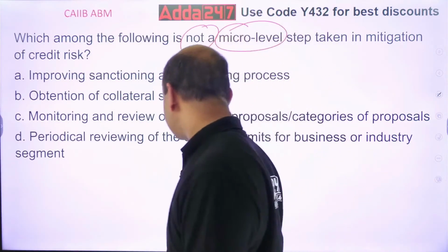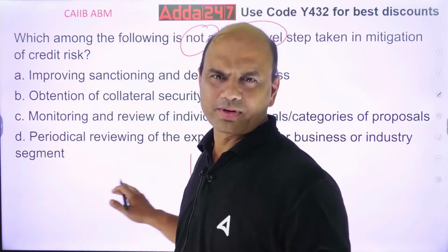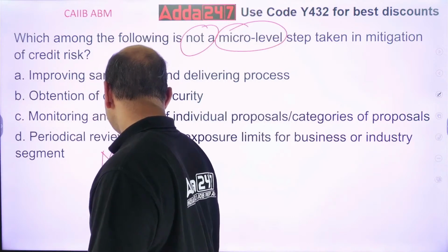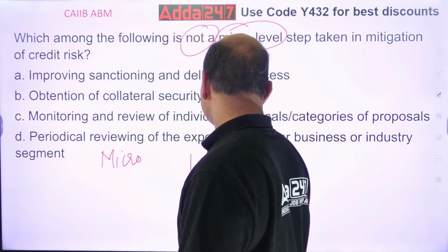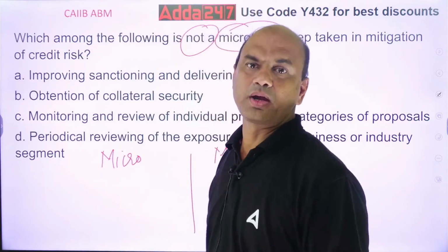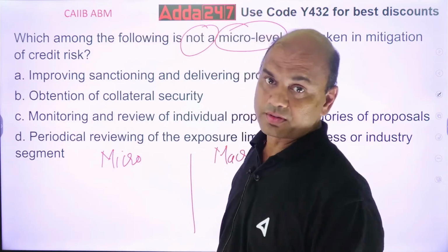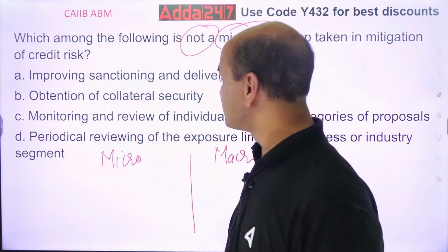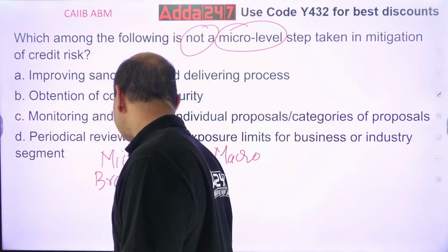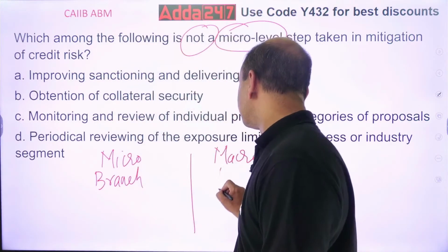I'll give the clear bifurcation. Micro and macro. Micro means branch level. Macro means HO, head office level.